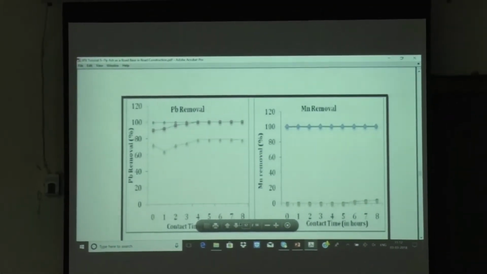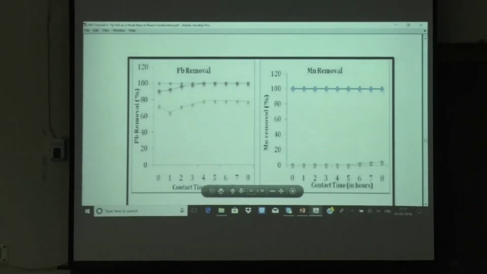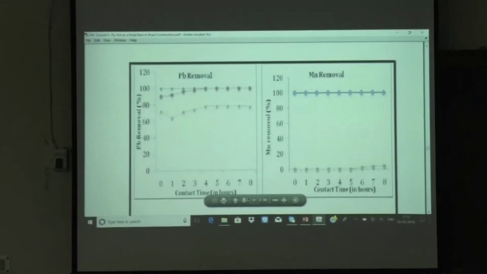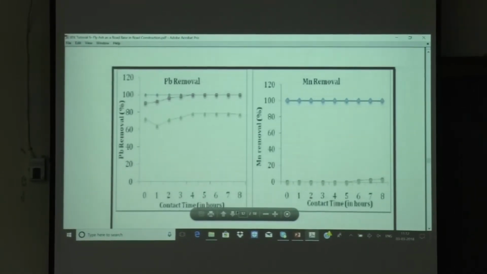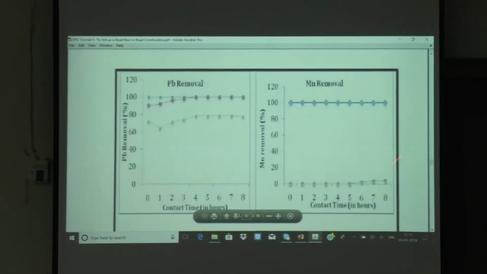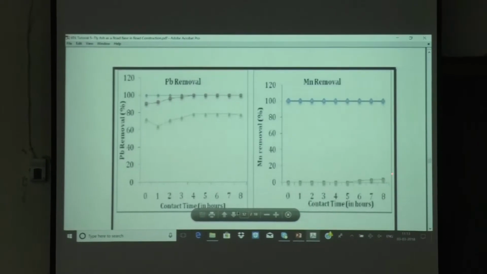So thereby, if you see lead removal and manganese removal, lead is removed significantly, and the manganese percentage is quite small, but part of it is removed.